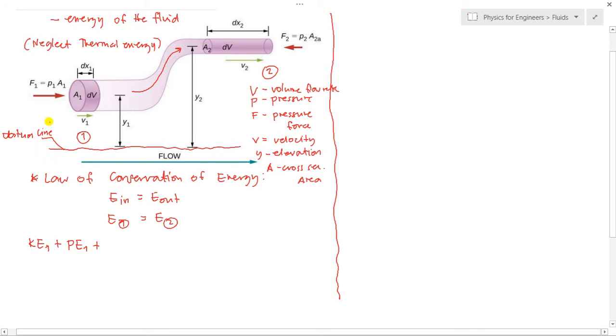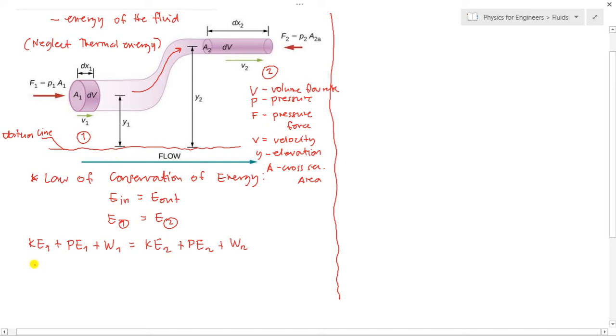Since there is pressure exerted at state 1, there is a force produced. Since it moves through a certain distance, that is what we call work. So the kinetic energy at point 1 plus the potential energy at point 1 plus the mechanical work at point 1 is equal to the kinetic energy at point 2 plus the potential energy at point 2 plus the mechanical work at point 2. The work here is associated with the pressure exerted by the fluid.